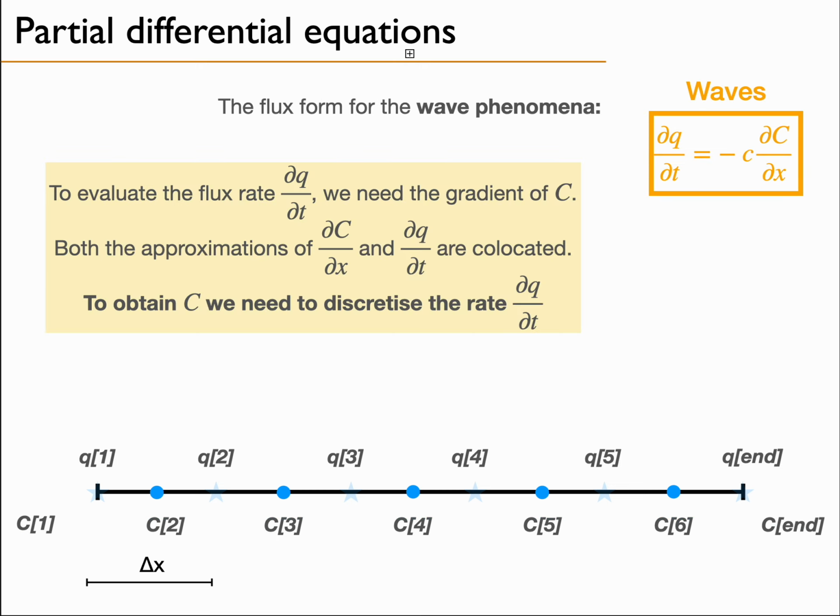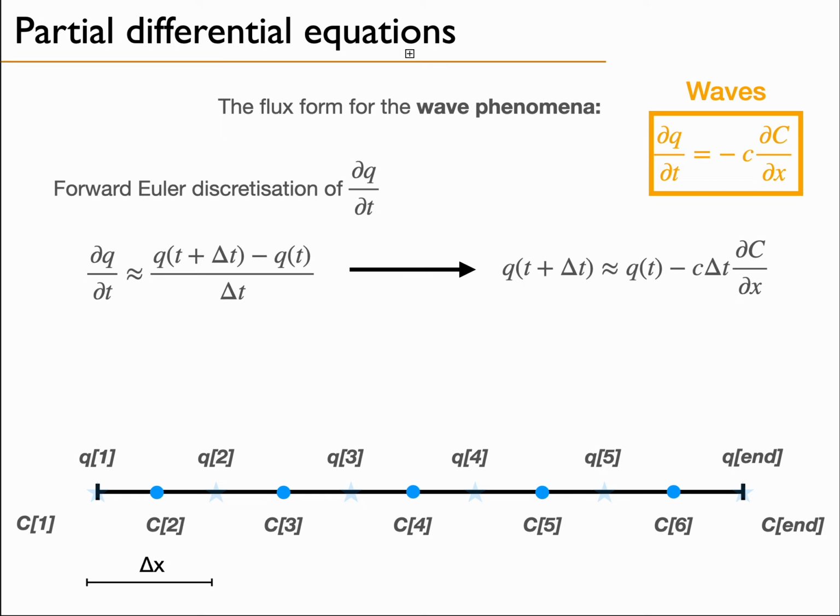The last flux formulation we want to discuss is the one to be used for modeling the wave propagation. So in the wave propagation, we have the gradient of C on that side and a constant, but this is proportional to the rate of Q, not to Q. So to solve for Q, we will need to discretize the rate of Q. And this is something we did right before for the balance law.